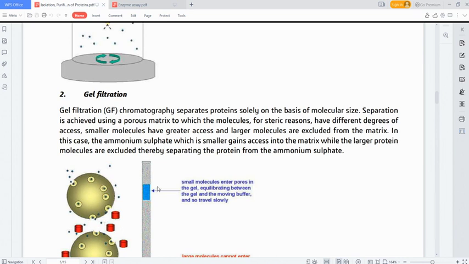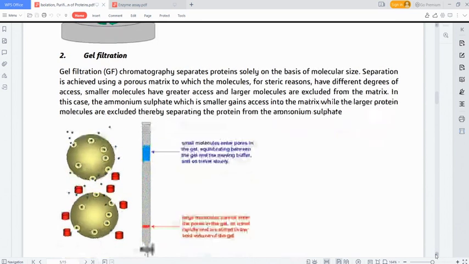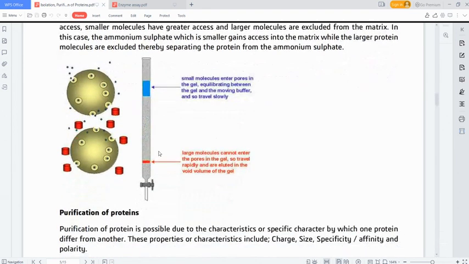When we pour the mixture inside the column, the ammonium sulfate that is smaller will go inside the beads, and then the protein that is not small will come out. So we collect the protein first before we collect the ammonium sulfate.